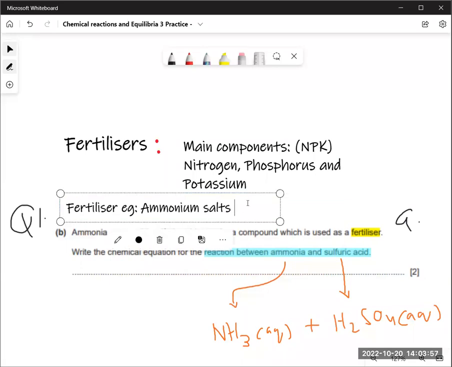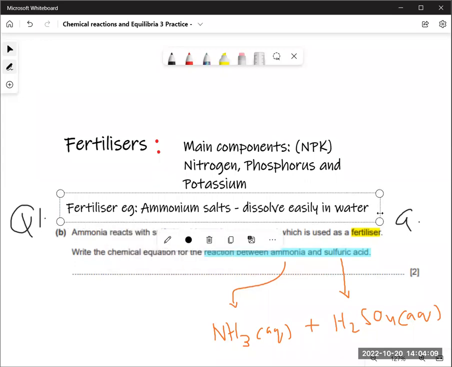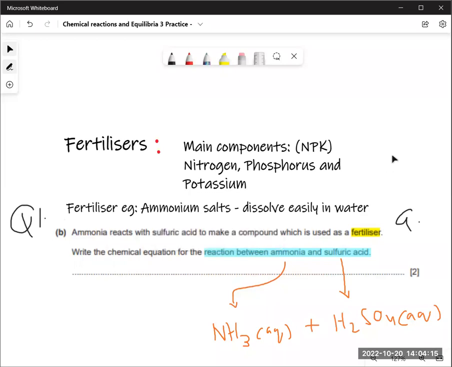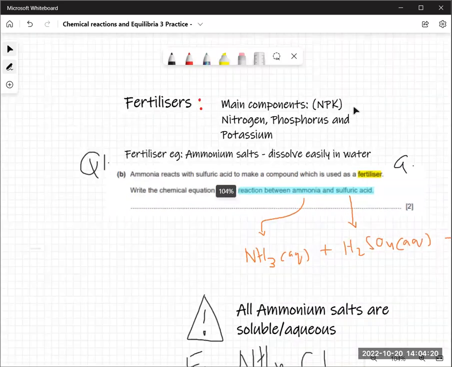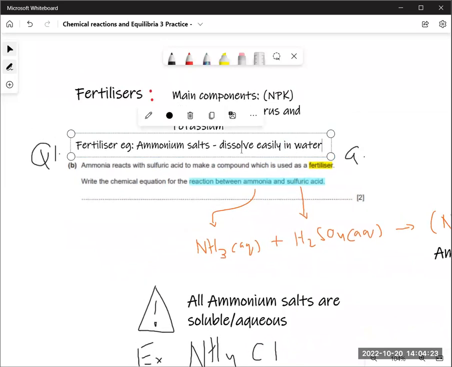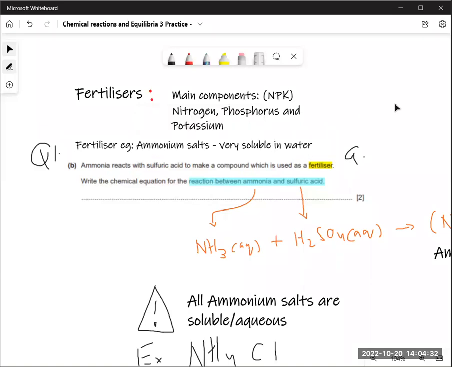Why? Because they dissolve easily in water. But there's another problem with this. Since they dissolve easily in water, they can cause a lot of problems such as eutrophication or the algal bloom. We'll look at that later. Just say, instead of writing dissolve easily, write very soluble. So if anything has ammonia in it, it is going to be soluble.